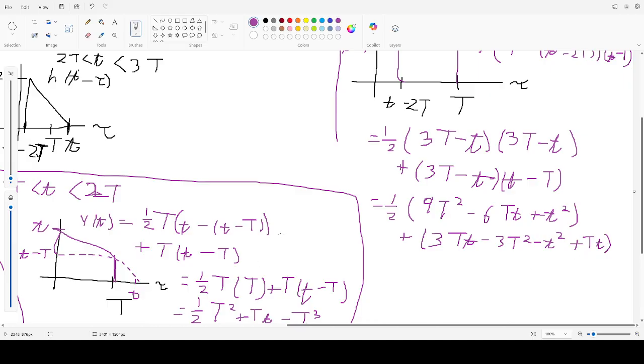We put that 1/2 through. 9/2 big T squared minus 3 big T little t plus 1/2 little t squared, plus 3 big T little t minus 3 big T squared, minus t squared plus big T little t.